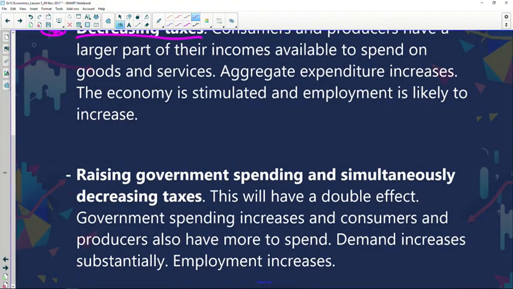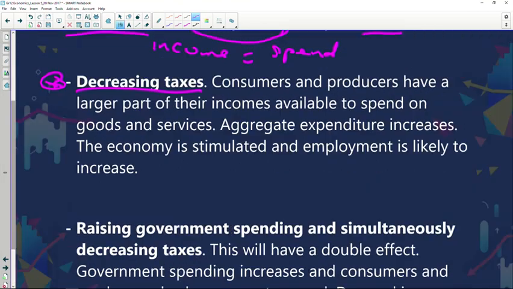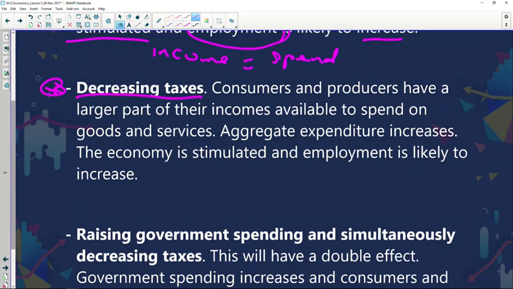Raising government spending and simultaneously decreasing taxes. That's a combination of the two options that the government can use.